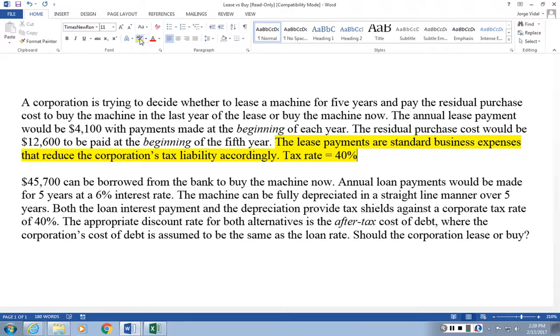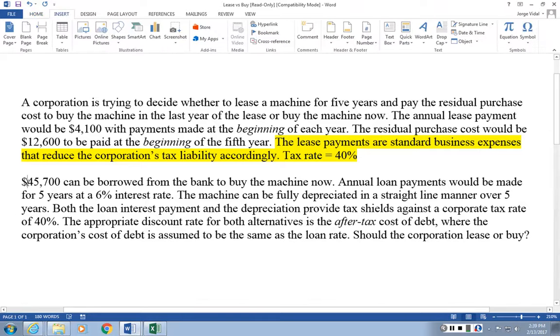When you lease a vehicle, you can't deduct that from your personal taxes. Companies can, okay? The option is that the company can go to the bank and get a loan for $45,700. Annual loan payments will be made for 5 years at 6%.